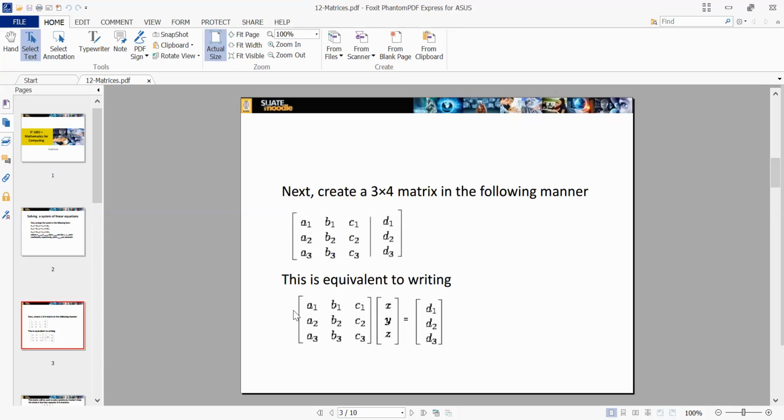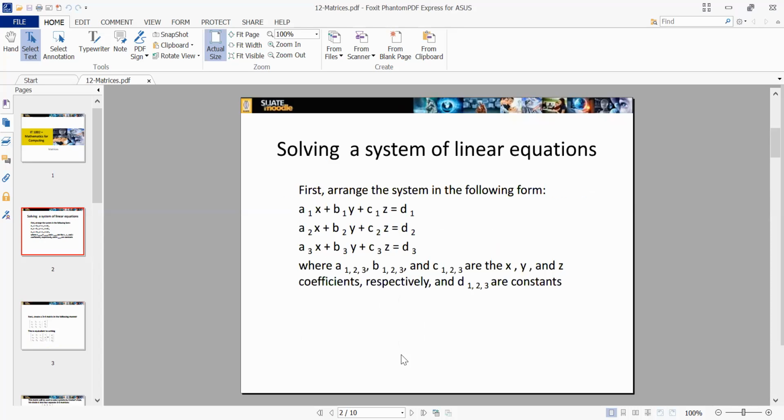If you multiply these two, you will have the previous equations.